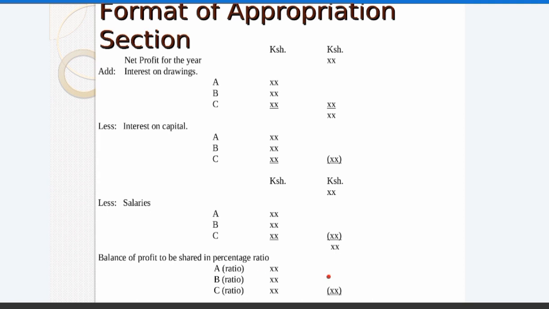And then it will also be fully consumed by the share of the profits to the partners. So this is the additional segment that we have for the income statement of a partnership.